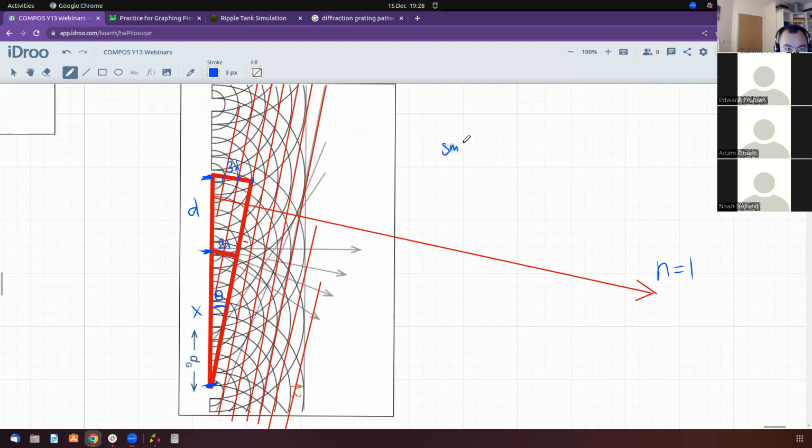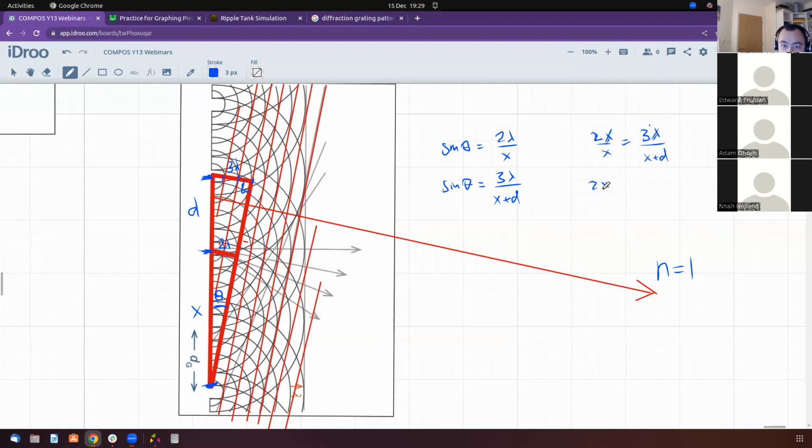Now, sine theta is equal to 2 lambda divided by x, but also sine theta is equal to 3 lambda divided by x plus d, using this triangle. So I equate them: 2 lambda over x equals 3 lambda over x plus d. Lambda cancels.